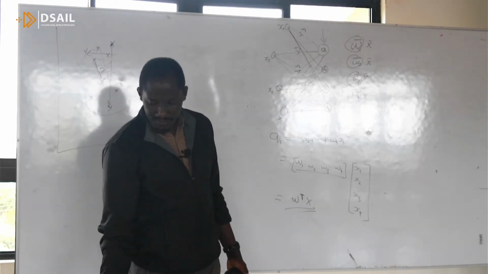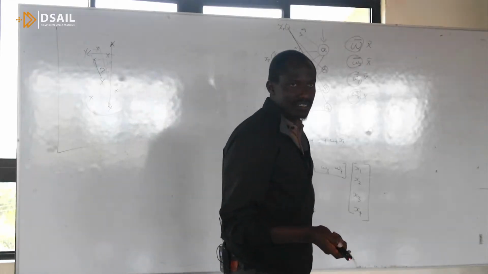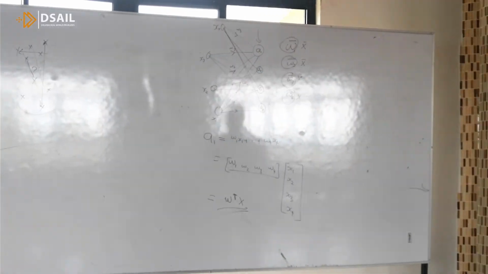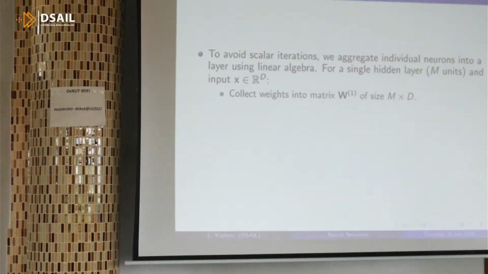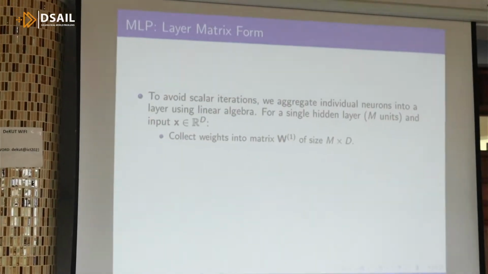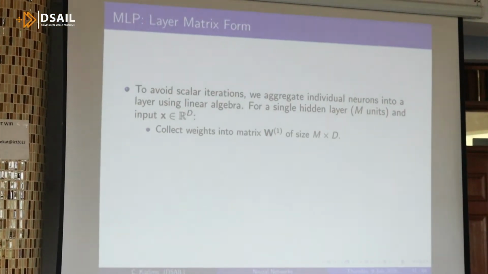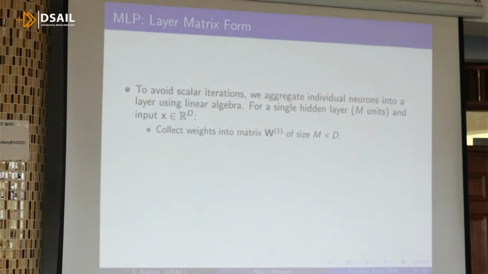Because we know that vectors and matrices are essentially related. In fact, it's very common in linear algebra to visualize a matrix as a bunch of column vectors. So we collect all these and put them into a single matrix of size m by d. Why m by d?